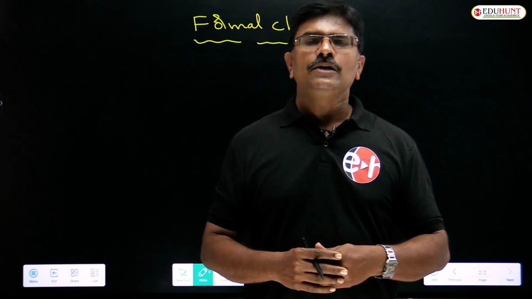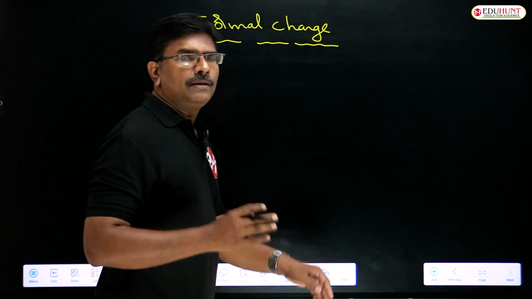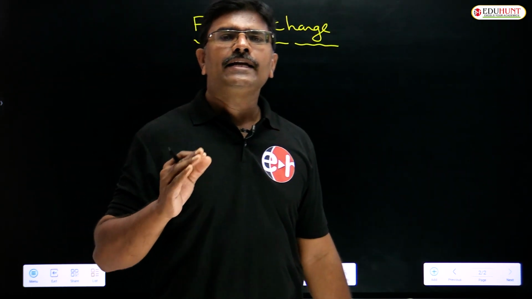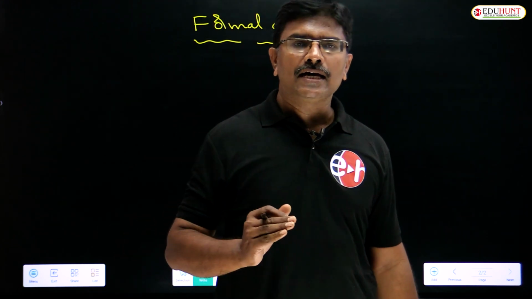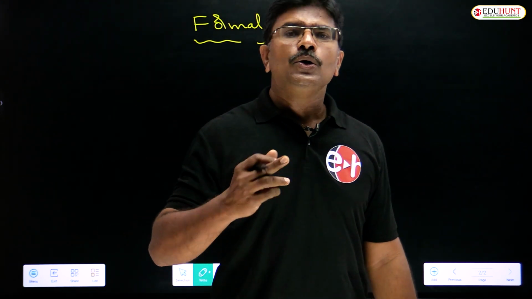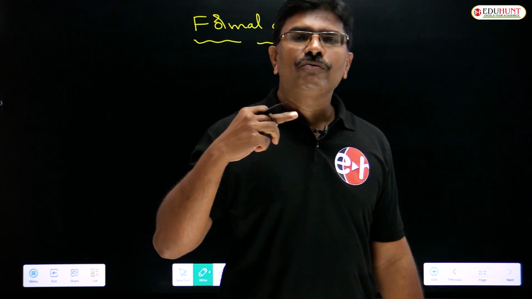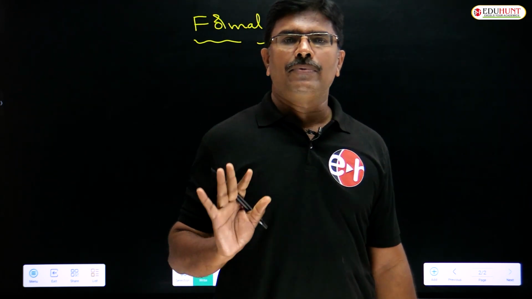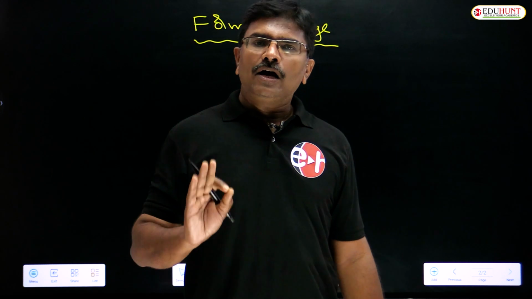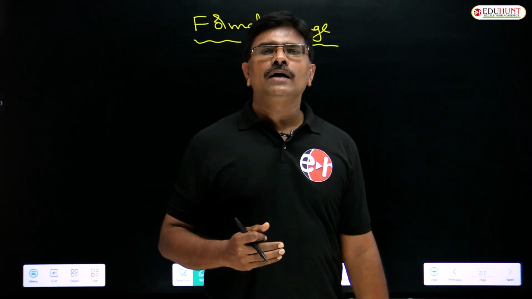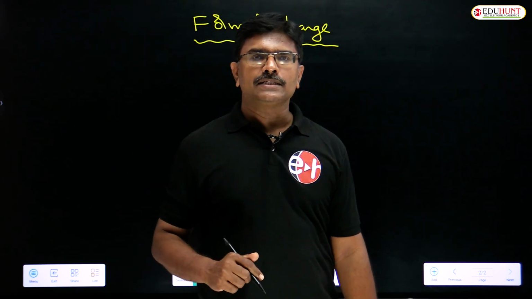Simple, right? So keep in mind that formal charge is an arbitrary hypothetical charge developed on the atom during the formation of a covalent molecule. Now let us come to the formula to calculate the formal charge.